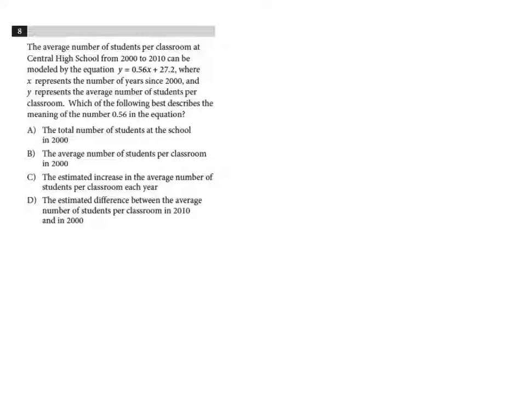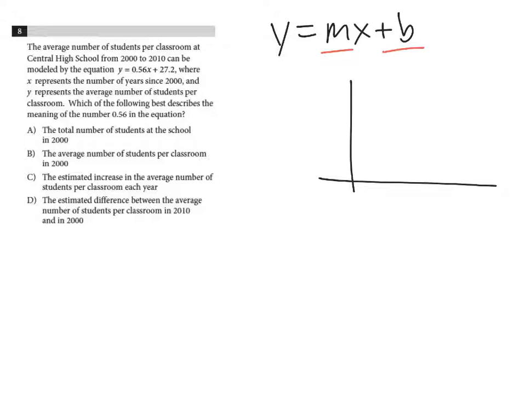Well, this has been coming up a lot. You guys should have this burnt into your brain. Y equals mx plus b. M is the slope. B is the y-intercept. And for this function, what we're modeling with this function is the average number of students per classroom, right?